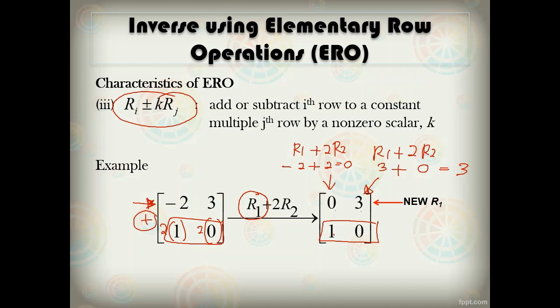The only row that is changing is row 1. Row 2 is not really changed; multiplying 2 with row 2 is just to find row 1.